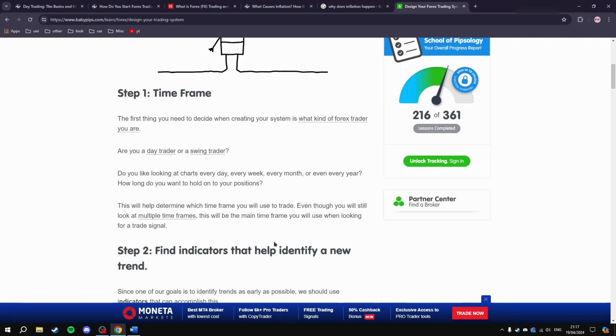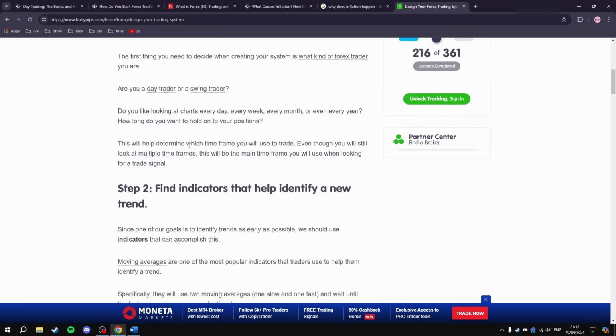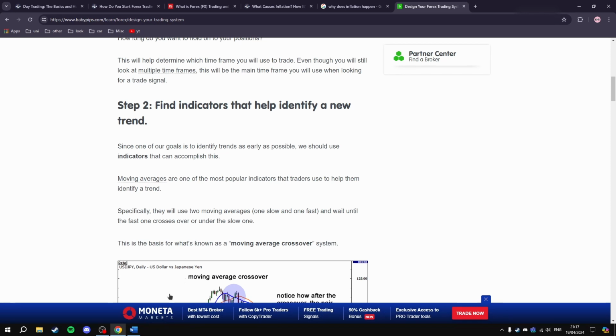Are you a day trader or a swing trader? Do you like looking at charts every day, every week, every month, or even every year? How long do you want to hold on to your positions? This will help you determine which time frame you will use to trade. Even though you will still look at multiple time frames, this will be the main time frame you will use when looking for a trade signal.